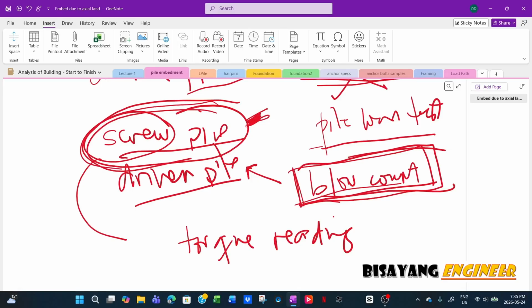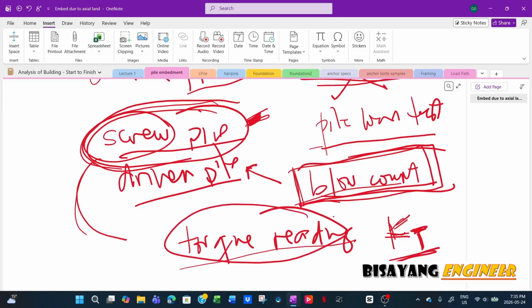The good thing is you can estimate the capacity using the torque reading and the torque correlation factor, KT. Based on the torque reading and the diameter of the pile, you can estimate the capacity of the pile using this torque correlation factor.